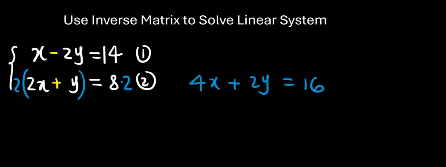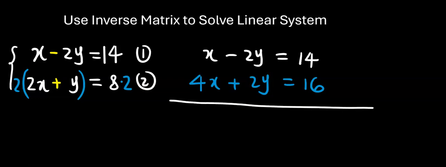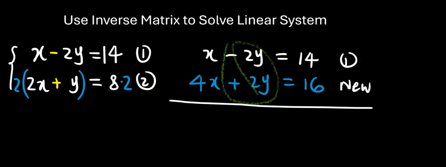Then we copy down the previous one, equation 1, x minus 2y equals 14. We write them vertically because we can add equation 1 and equation 2. In this way, we can eliminate y. Go ahead and solve for x first. Once you got x, you will be able to find y. This is our quick review.